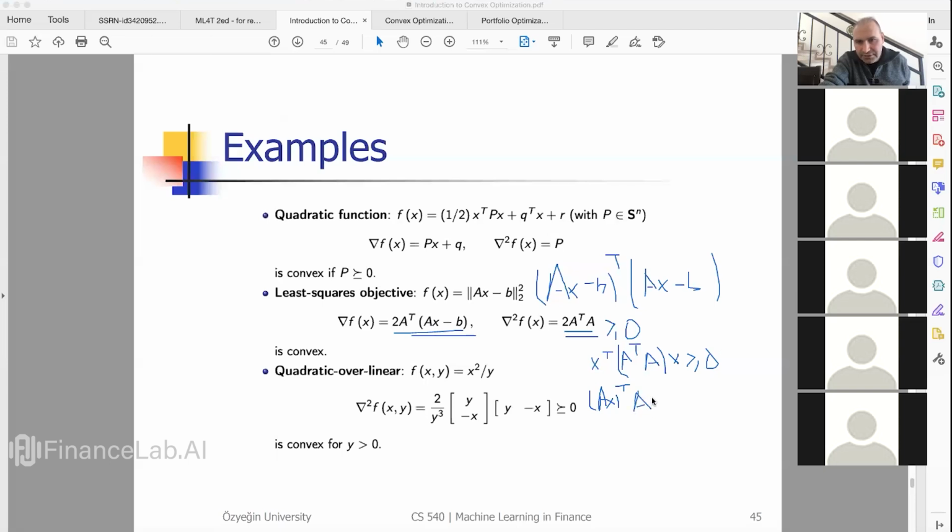And this is the squared norm of the vector Ax, which is always non-negative. So that's why the least squares objective is always convex. And quadratic over linear, like x squared divided by y. If we take its Hessian, then this Hessian is a convex, positive semi-definite matrix when y is greater than 0.